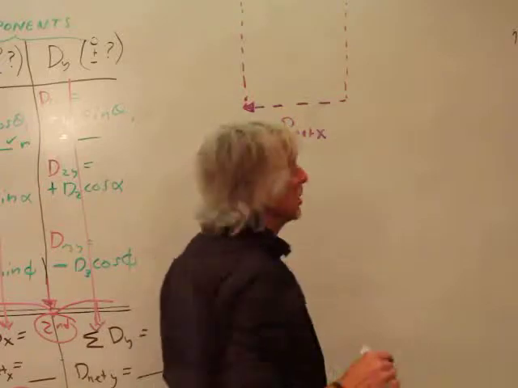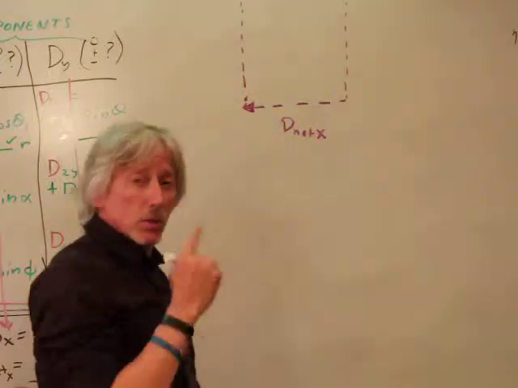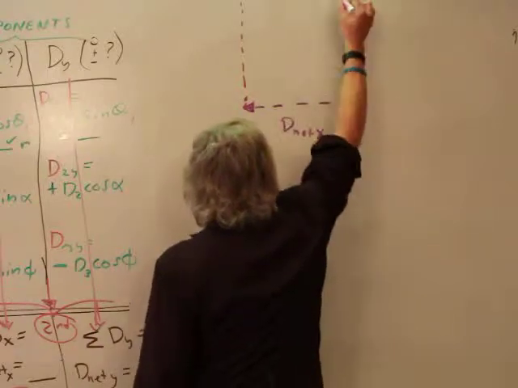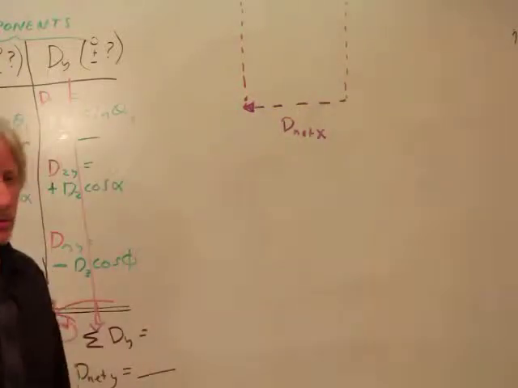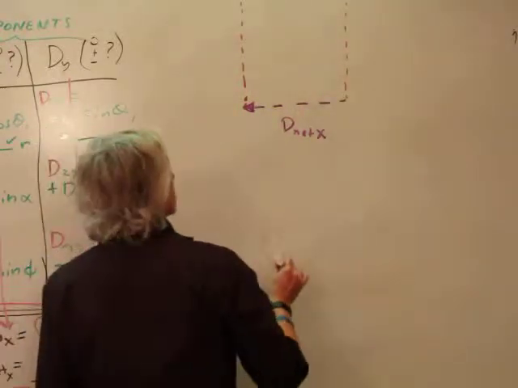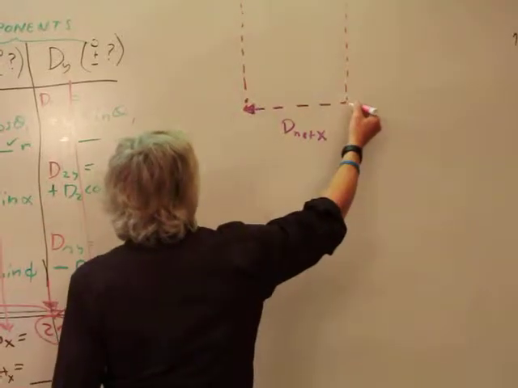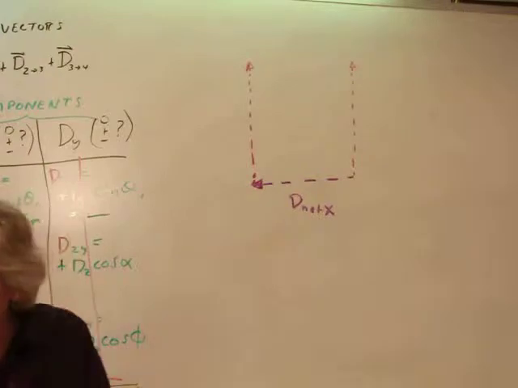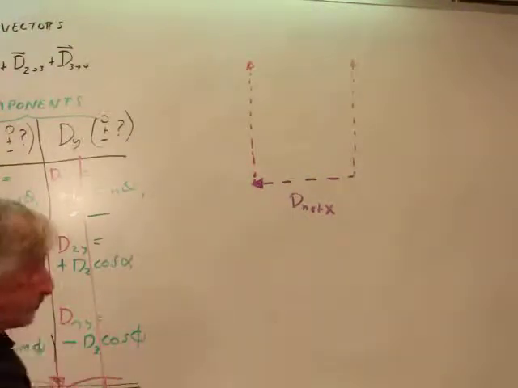But the result, this is a common mistake. You don't want to connect the tips unless you're doing the right thing and subtracting or something. The result is to the left and up. Therefore, I'm going to draw my result.